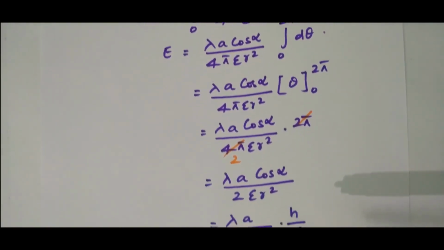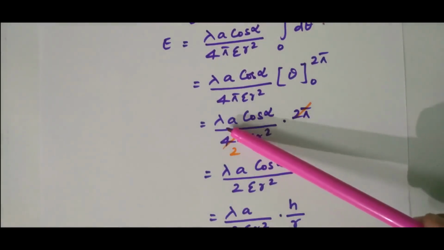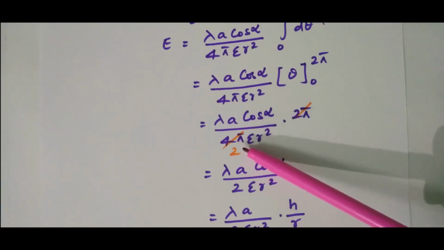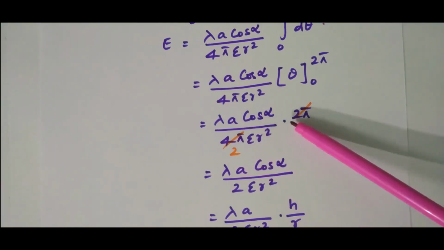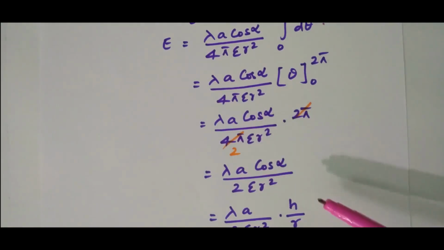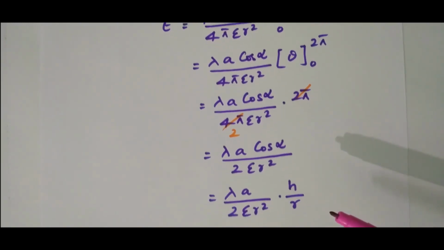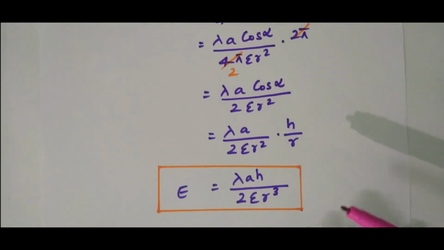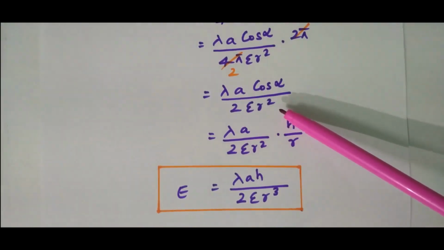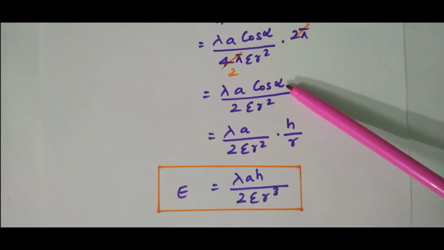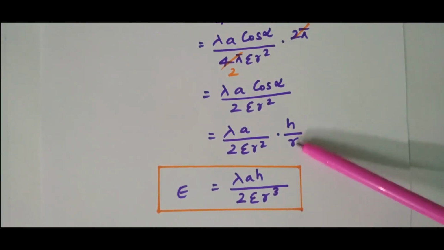So while substituting, what will happen? Lambda a cos alpha divided by 4 pi epsilon r square into 2 pi. The lower limit is 0, only 2 pi. The 2 gets cancelled, so lambda a cos alpha divided by 2 epsilon r square. Already we have the cos alpha value, that is h by r, from the triangle.